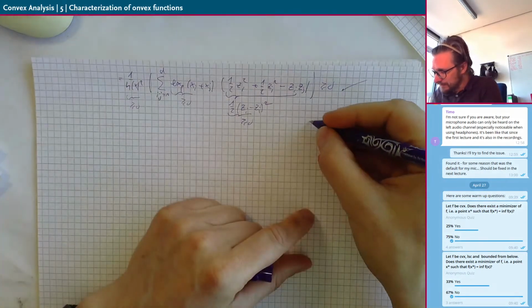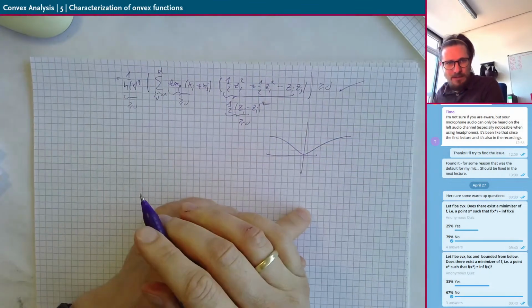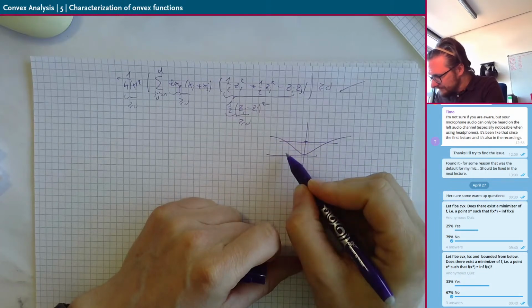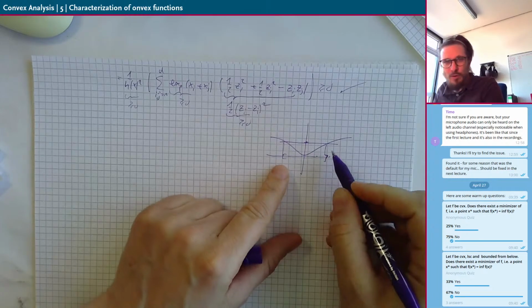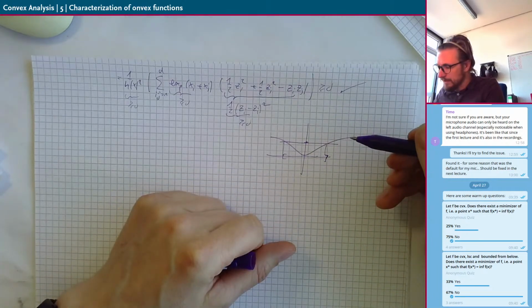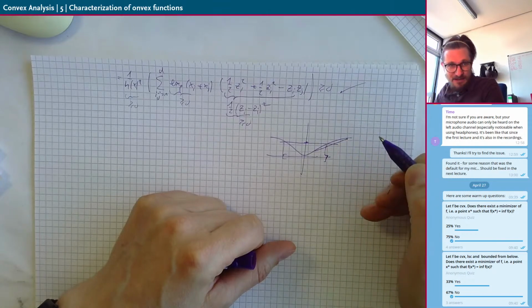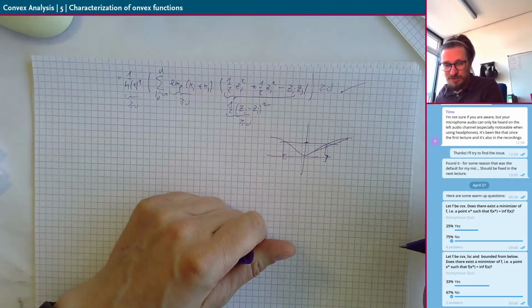That is pretty clear if you consider a function like this: all the level sets are intervals, no matter where you put the level. But the function is not convex, since this secant lies below the graph. So convexity of the level sets is just not enough to characterize convexity of the function.